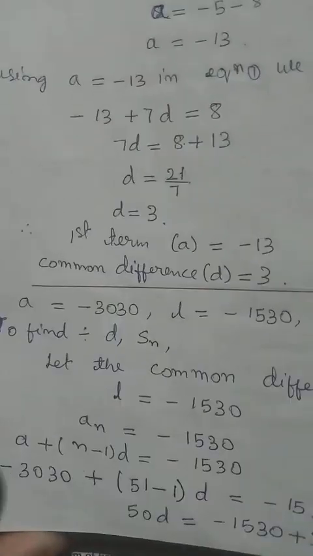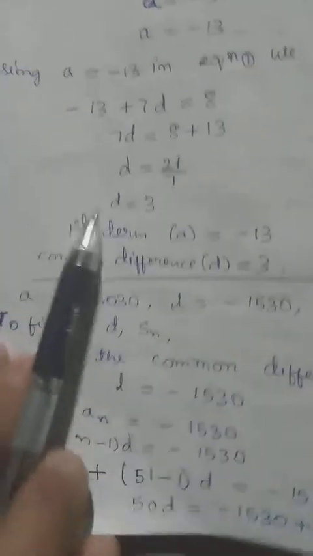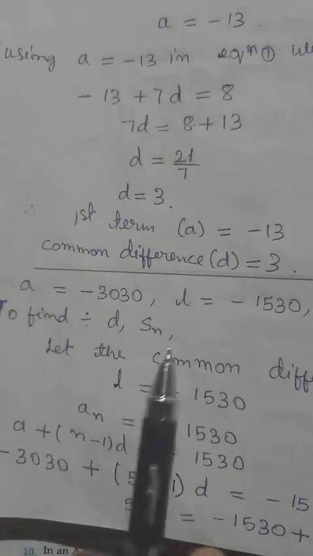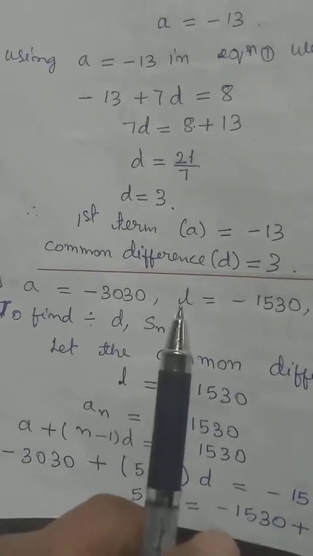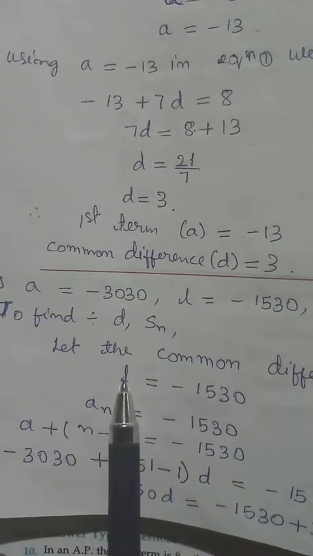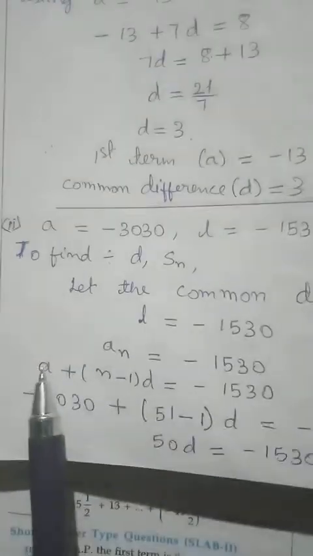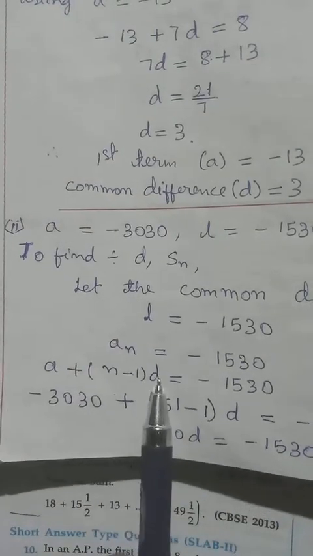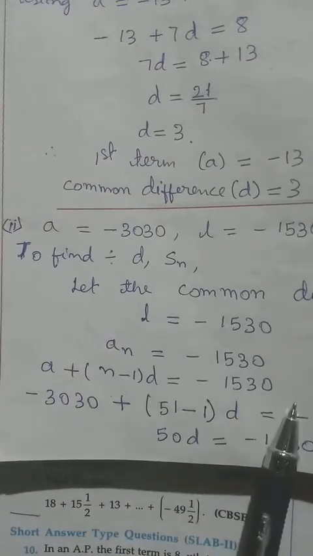Then in the second one, they give us A, they give us L, they give us N. So we have to find D and Sn. We know L, that means AN. In the same way we apply the general formula, A plus (N minus 1) whole D, equal to this one.